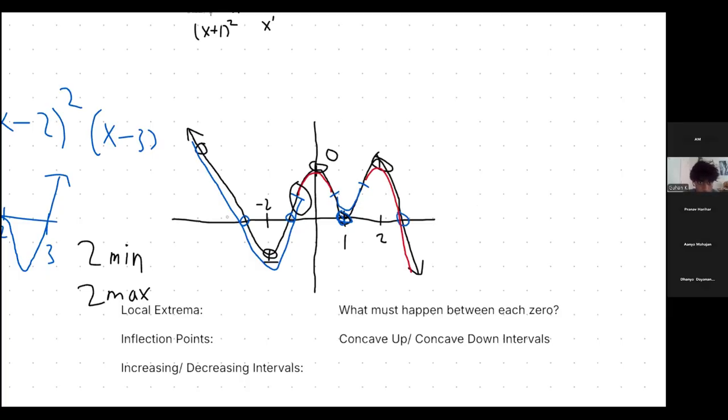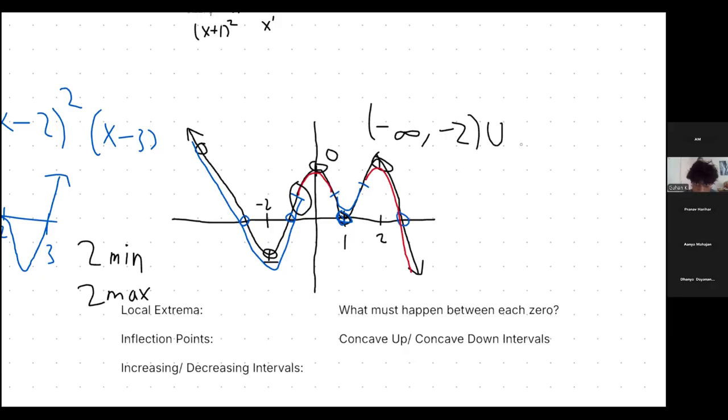It's decreasing from -infinity to -2. And notice how I use parentheses because the local minimum is considered like a vertex point where the rate of change is 0, and it's not decreasing there. So we don't include that, so it's parentheses.